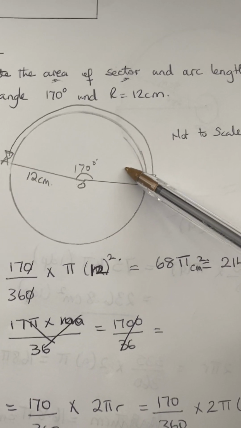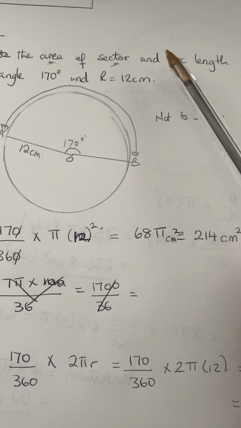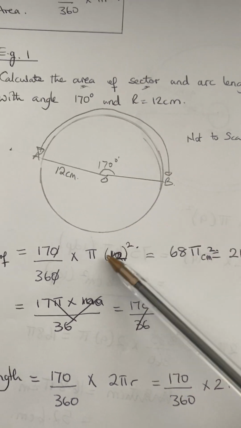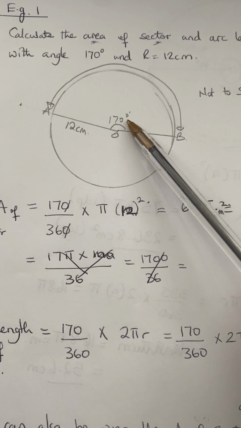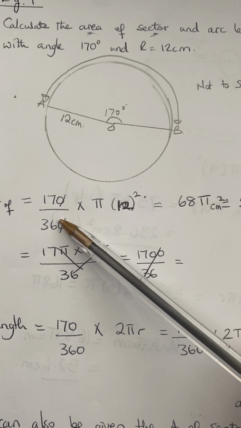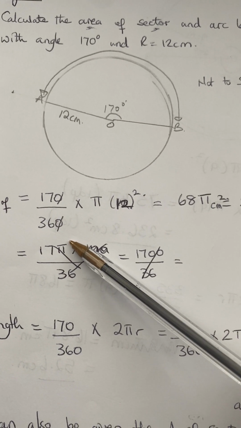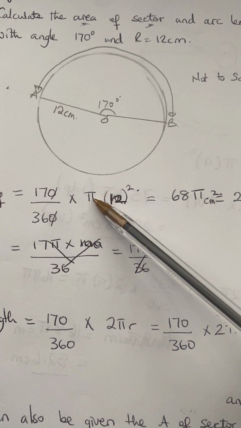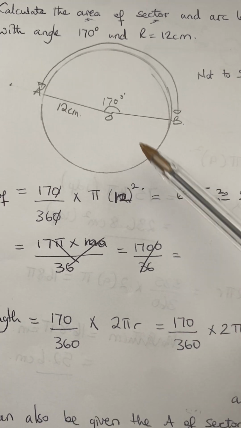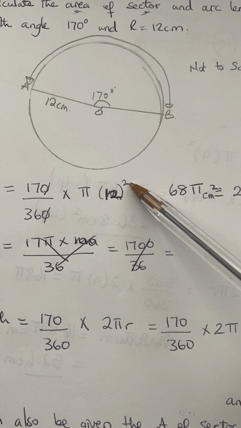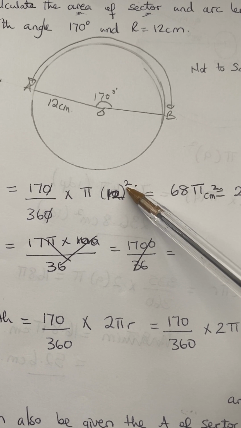Okay, so now let's do the area first. So area of the sector, as we have seen, we need the angle divided by 360 and then pi r squared. R is 12, so 12 squared.